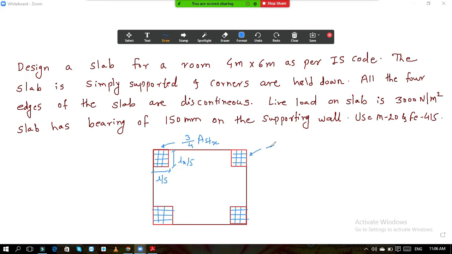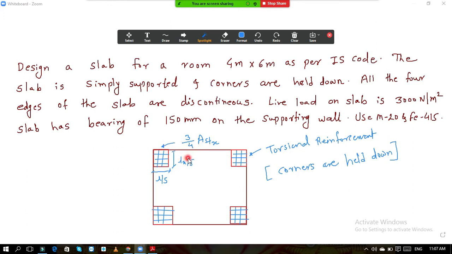And when to provide this? When it is mentioned that corners are held down, when this condition is given, then you need to provide the torsional reinforcement.